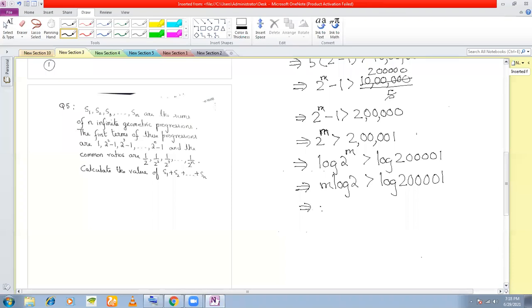That means m must be greater than log 2,00,001 divided by log 2.